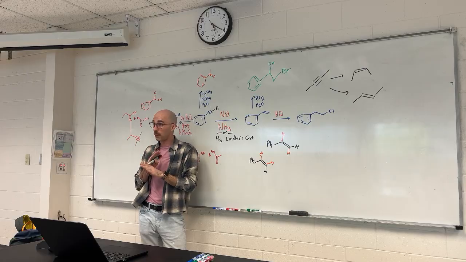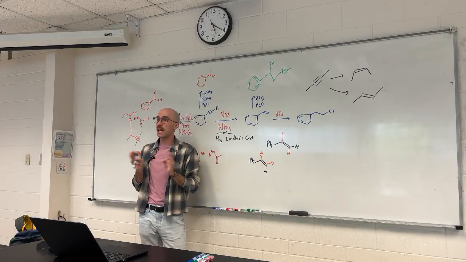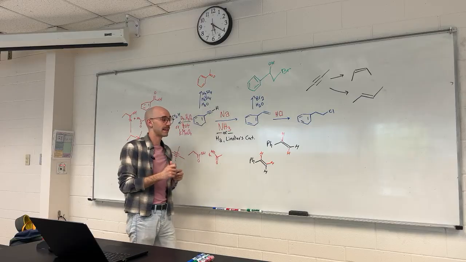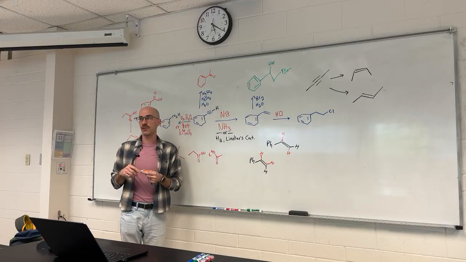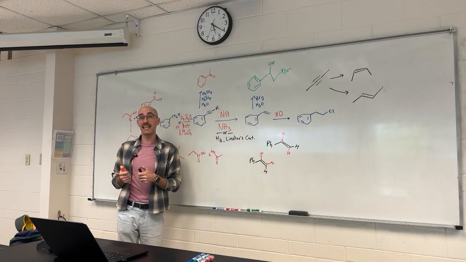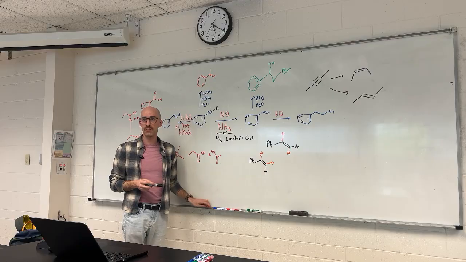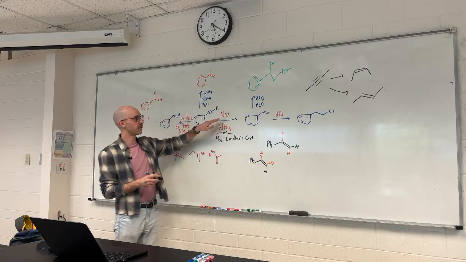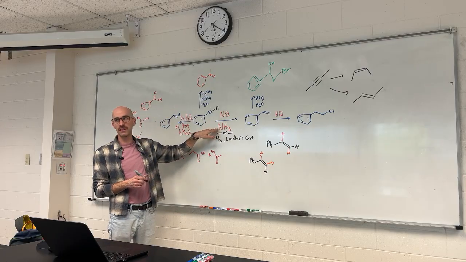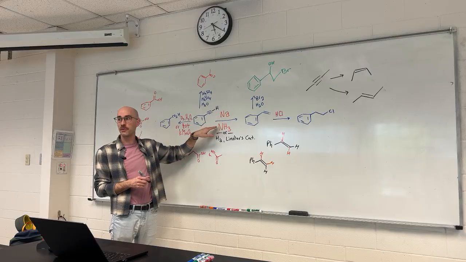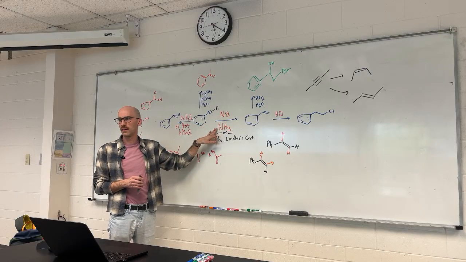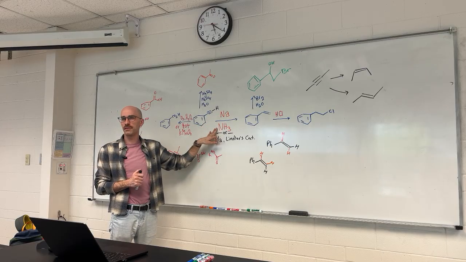There are some coupling constants that now can be studied in NMR. And if I were to do an isotopically labeled experiment, for instance, instead of sodium and ammonia, I run this in sodium with deuterated ammonia. Do you guys remember what deuterium is?